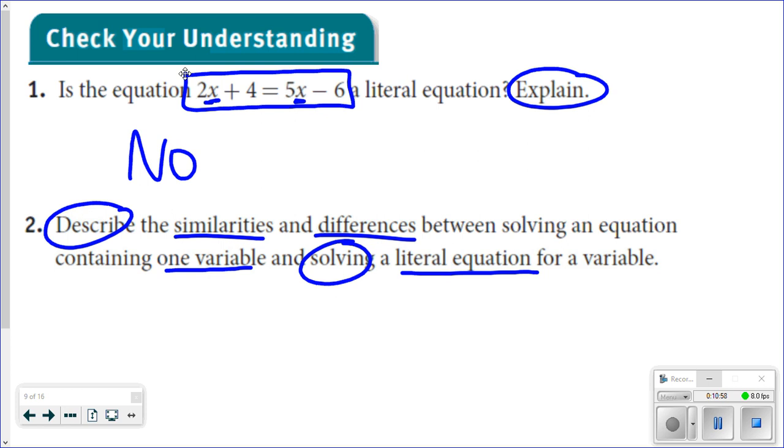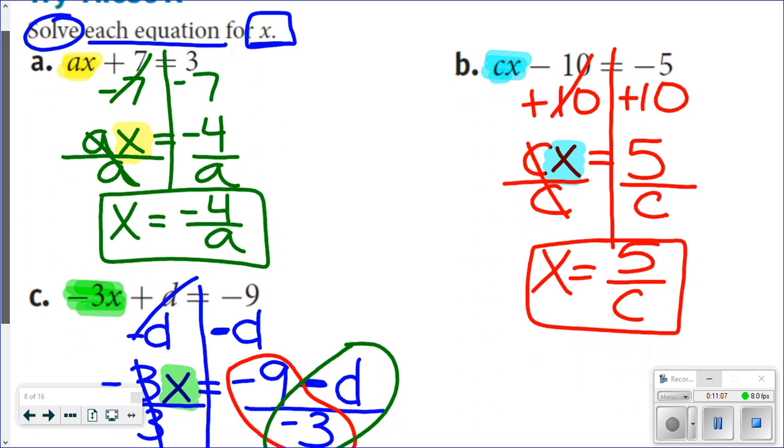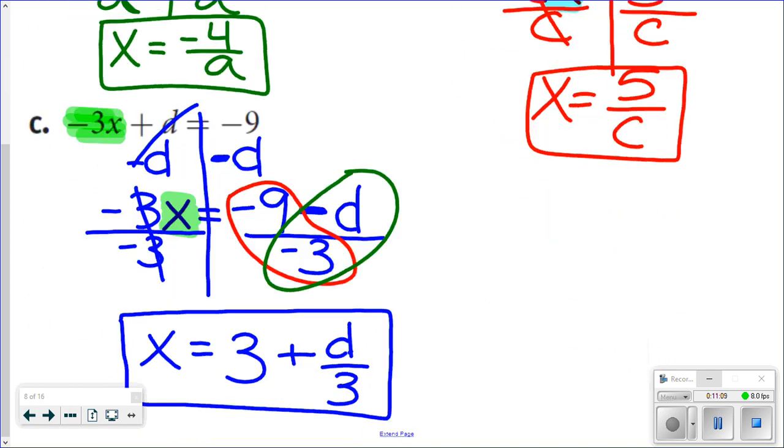We need to isolate a variable on one side of the equation. But what is different here is now you should notice that all of these answers have a variable in them. So here I have an A in my answer, I have a C in my answer, and I have a D in my answer.